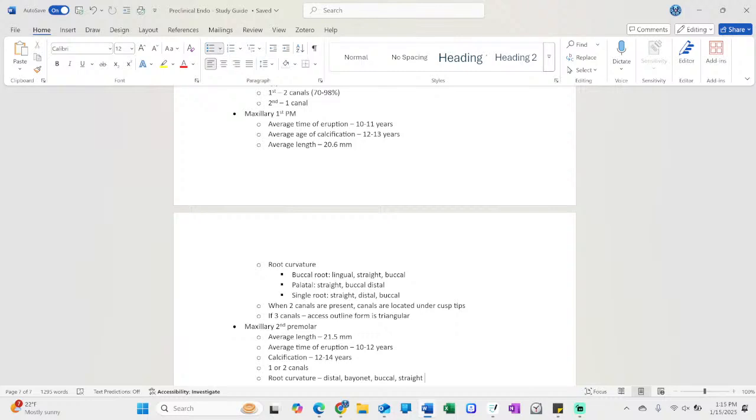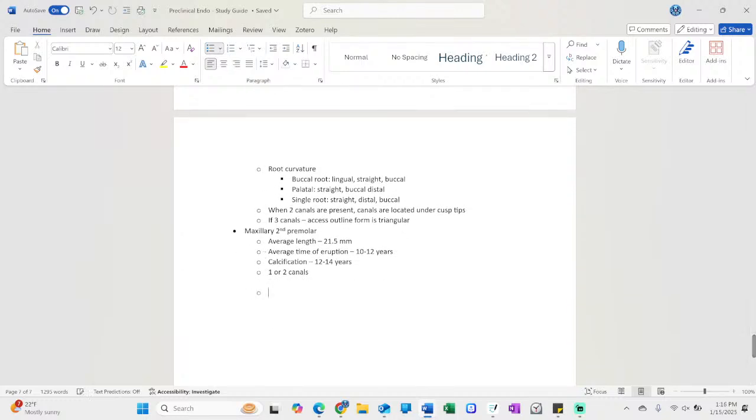So, the difference between these mandibular and maxillary teeth is that the mandibular teeth are going to have a really prominent buccal cusp, with a smaller lingual cusp here. That's also going to throw off the orientation of the crown when you're accessing. Most of the first premolars are going to have 1 canal, and a large majority of the second premolars are also going to have 1 canal.